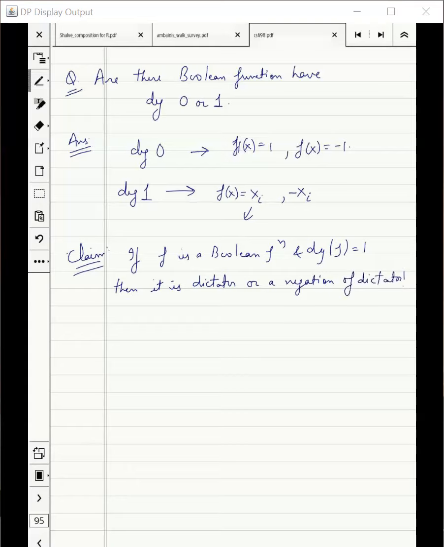What are a few of the results which we have seen for Boolean functions? Great. So we know, since f is a Boolean function, then the summation of f at s squared is equal to 1. This is coming from Parseval. What can I say about this quantity?